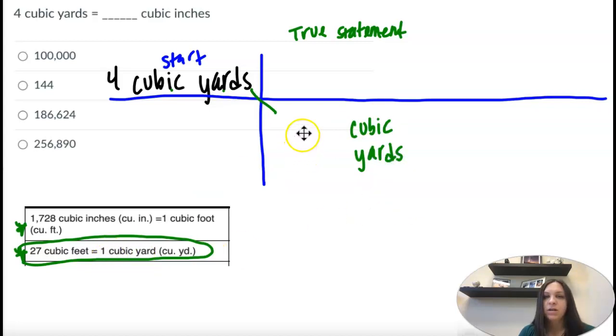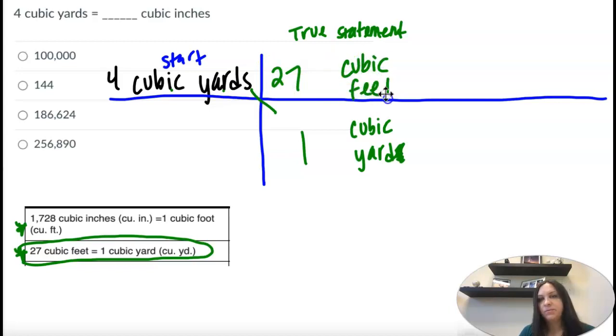So 1 cubic yard is equal to 27 cubic feet. And when those yards are diagonal, we cancel them out.